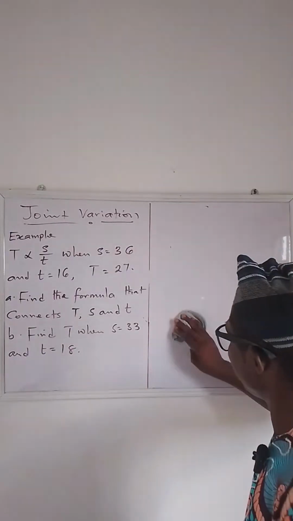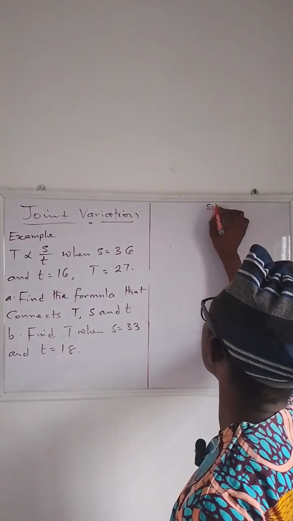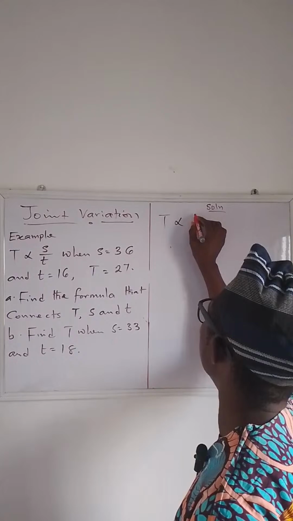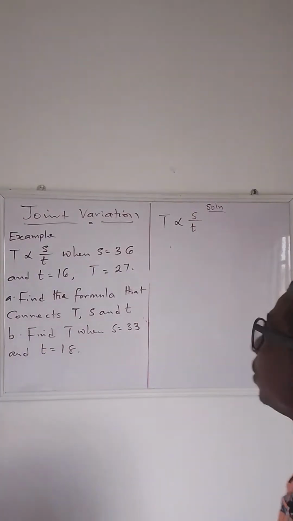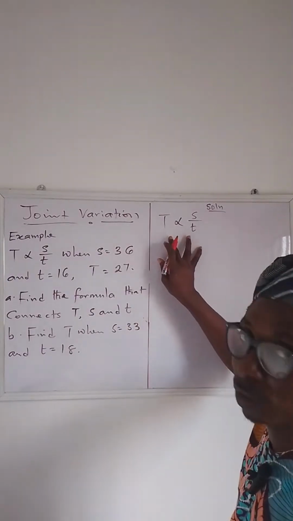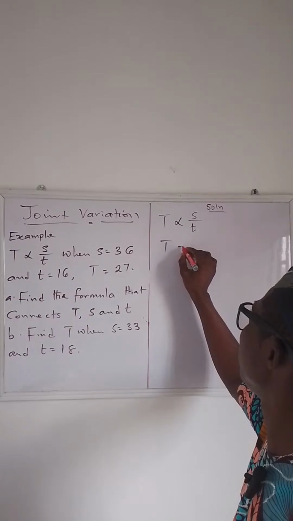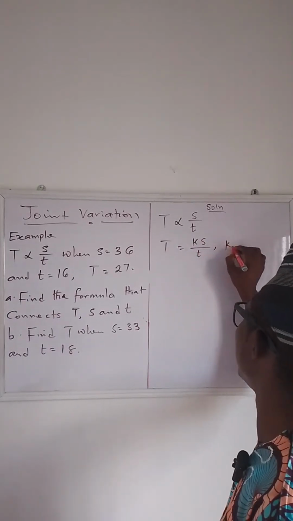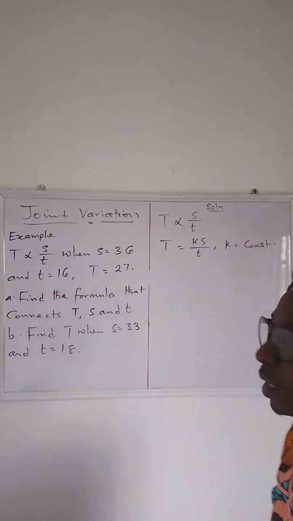Now we are given that T varies directly as S and inversely as small letter t. Now you introduce the proportionality constant, so you have T equals Ks over t, where K is a what? A constant.